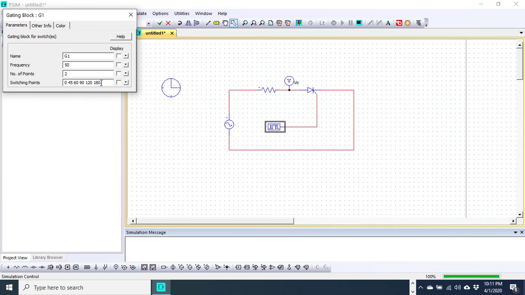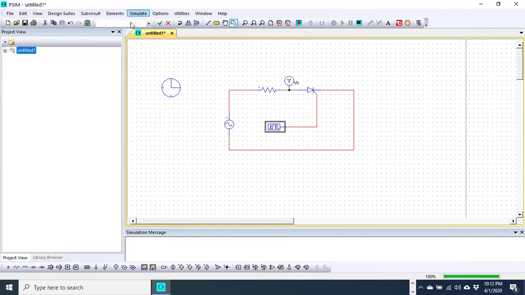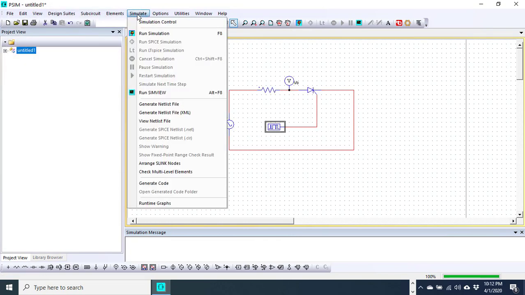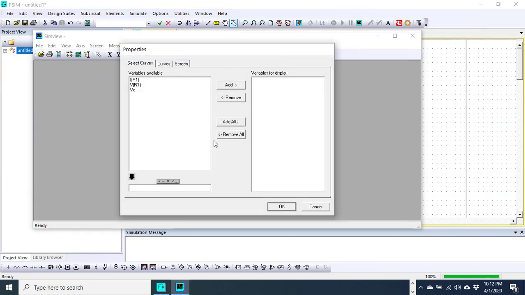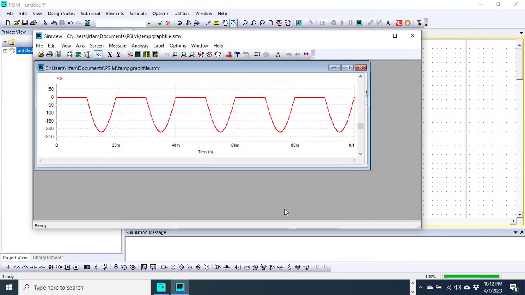So these are 1, 2, 3, 4, 5, 6 points. So I have to adjust 6 points over there. Okay, so now we can run the simulation. We can see the output.